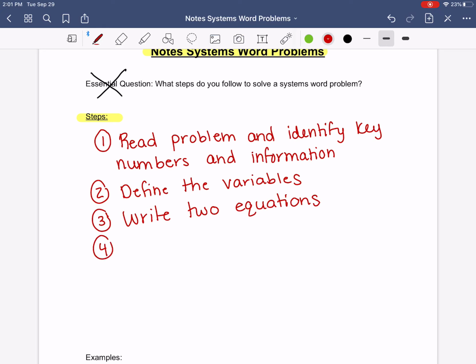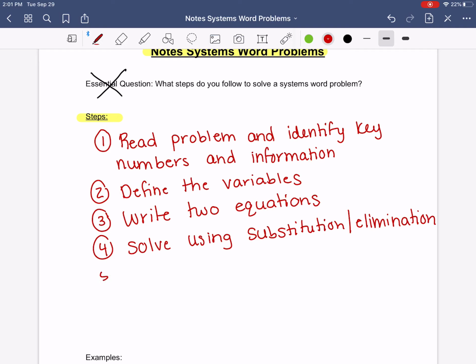You're going to solve them using substitution or elimination. I mean, technically you could do graphing as well. And then the last step, since it's a word problem, is to answer in words, so you want to answer in a sentence.